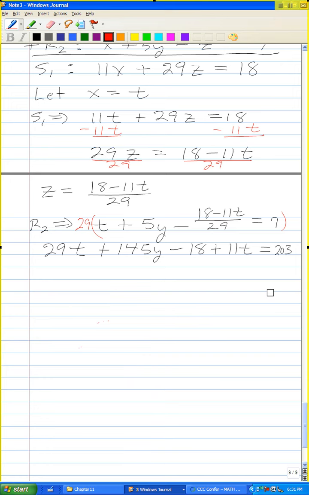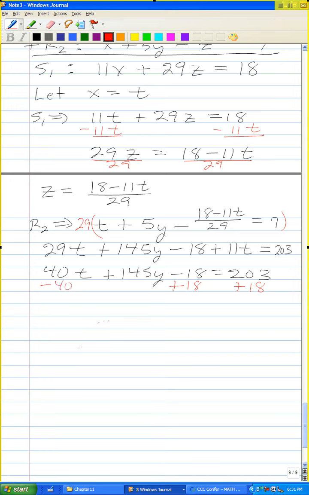Okay, let's try that over again. Sorry about that. I guess I can only do one thing at one time. Let me combine like terms. 29t plus 11t is 40t plus 145y minus 18 is 203. Let's add 18 to both sides of my equation.